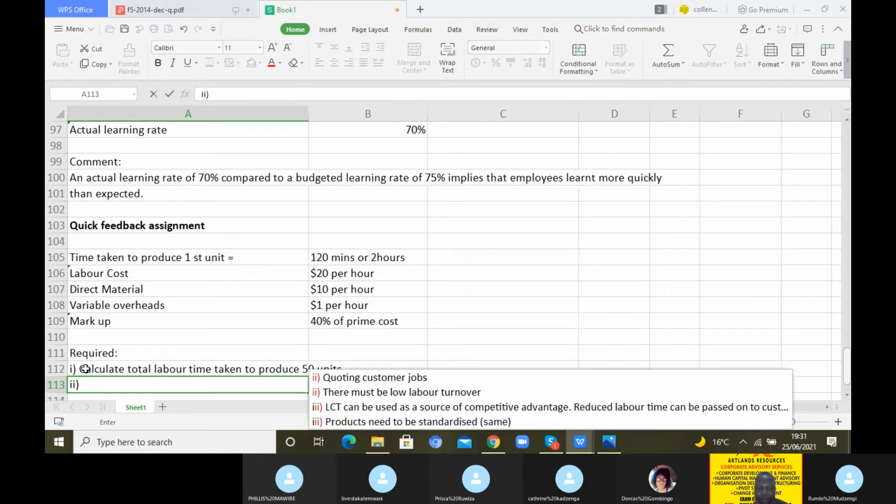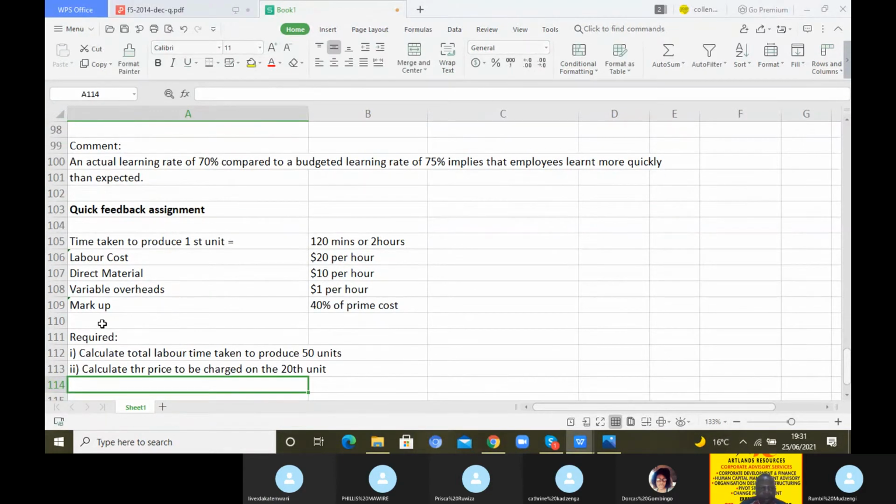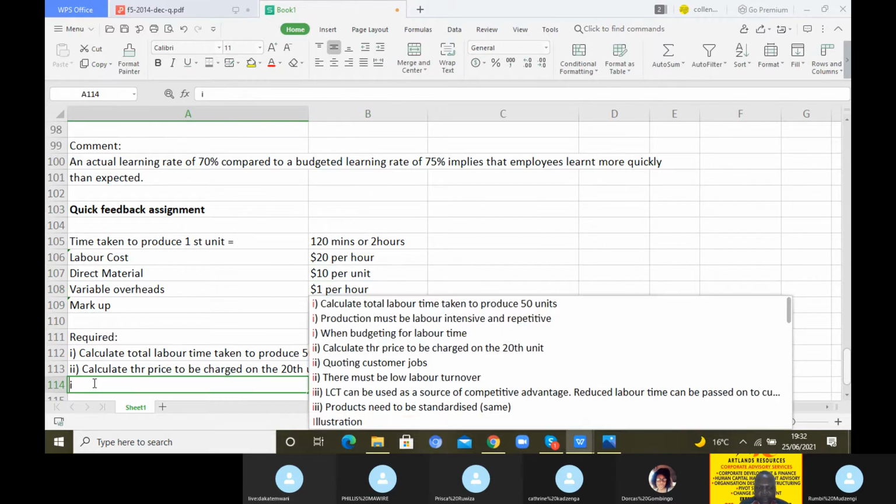Two, calculate the price to be charged on the 20th unit. Direct materials are not per hour, sorry. Direct materials are per unit. Sorry for that. Otherwise, it was going to be difficult for you. Calculate the price to be charged on the 20th unit.